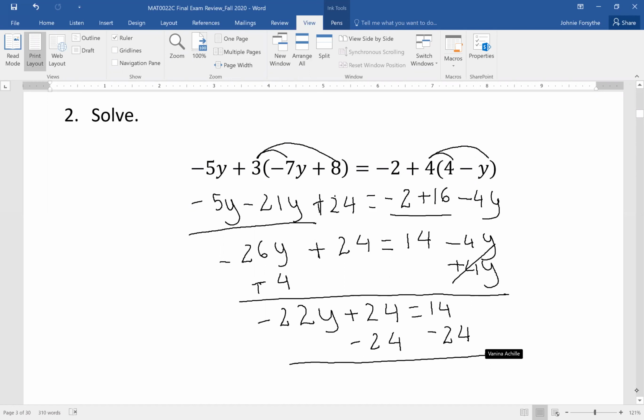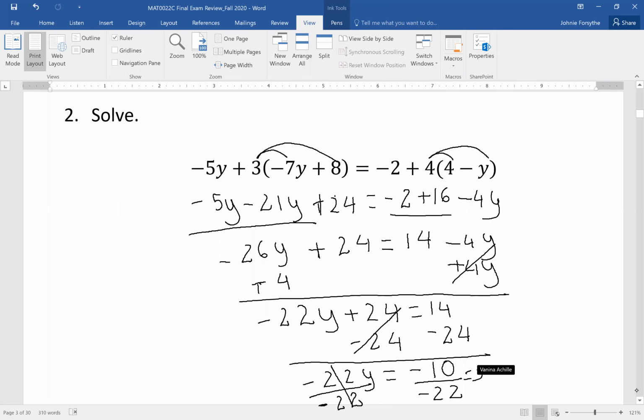And this cancels, so negative 22y equals negative 10. I need to cancel this negative 22, so I have to divide since it's being multiplied by the y. Divided on both sides. That cancels.